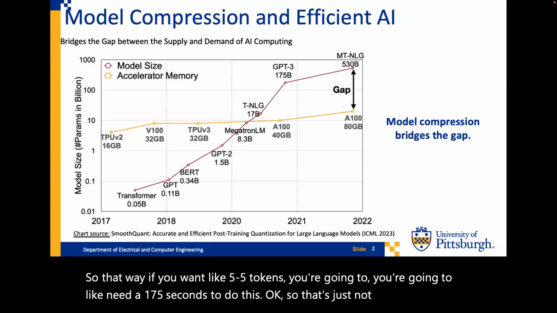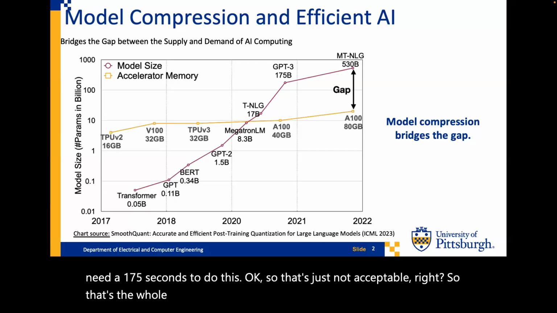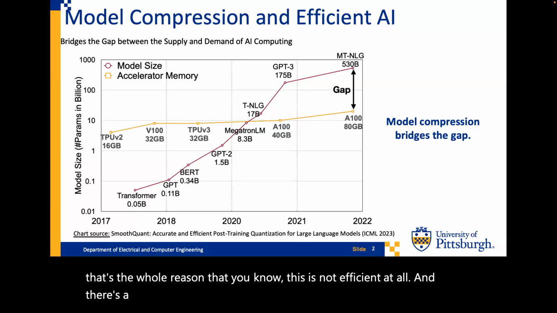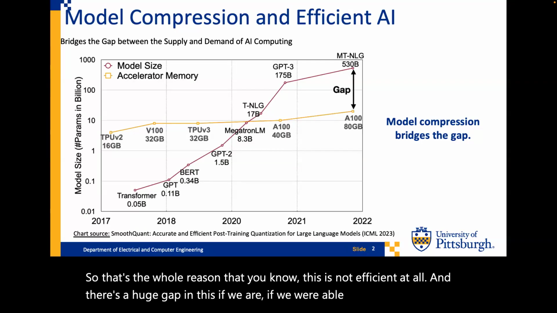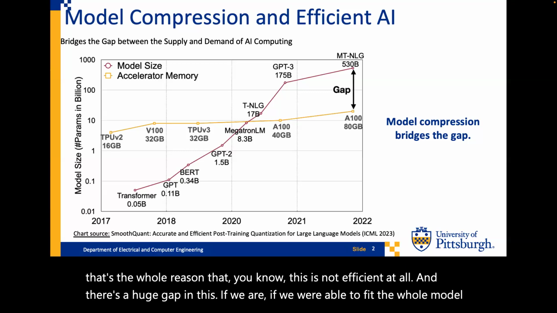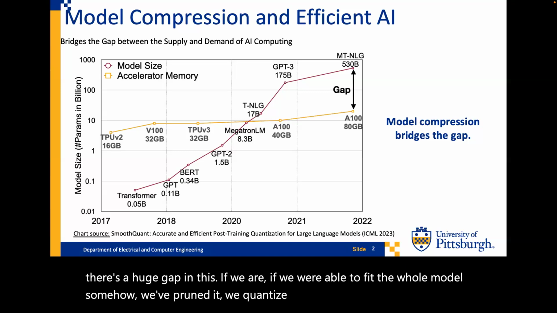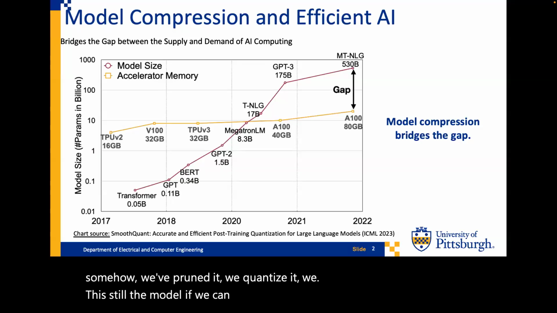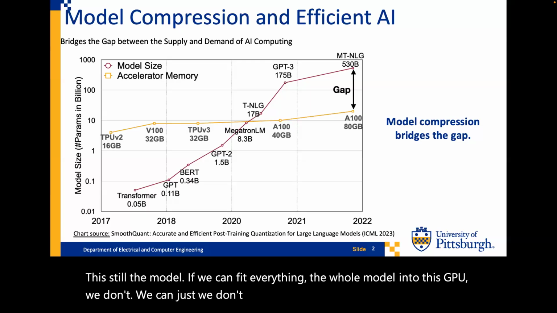So that's the whole reason this is not efficient at all, and there's a huge gap here. If we were able to fit the whole model, somehow we prune it, we quantize it, we distill the model, if we can fit the whole model into this GPU, we don't need all this data transfer at all.